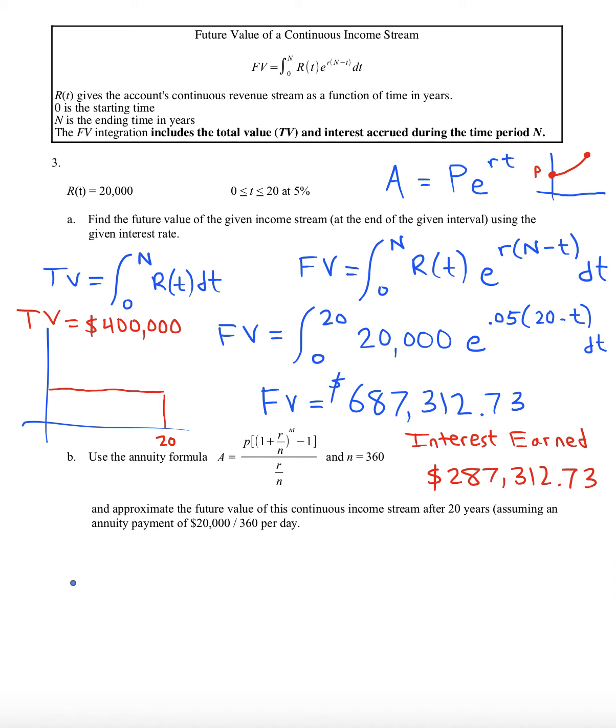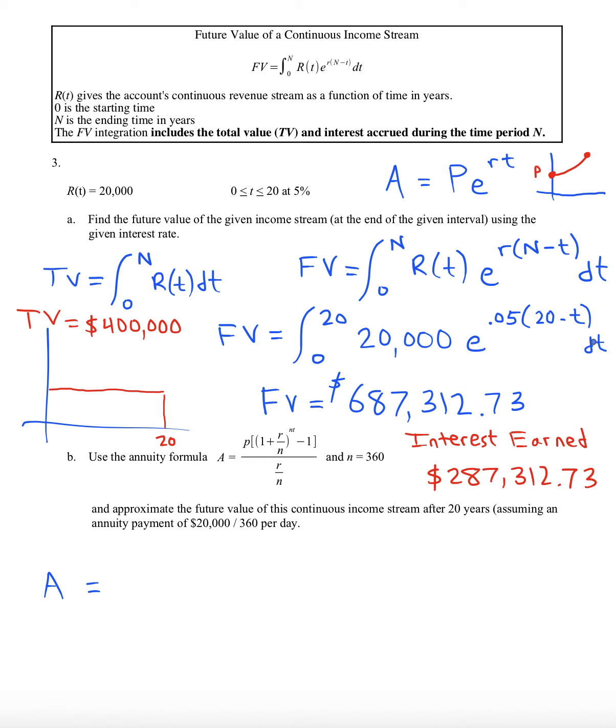I'll plug in my payment amount for daily payments. So since we're paying $20,000 per year, how much would that be if we were to spread it out over 360 days? We're using the banker's rule here, which is an approximation of the number of days in the year. Pretending that it's 360.